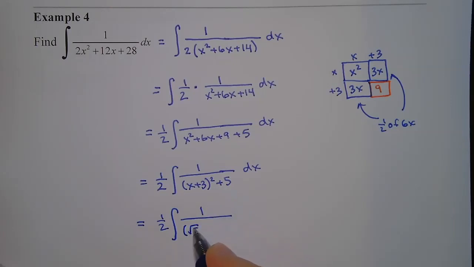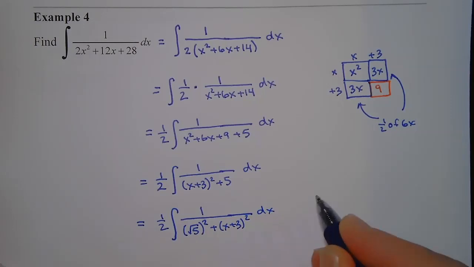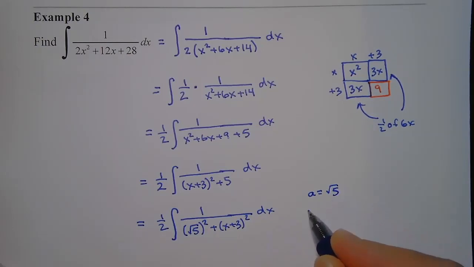So the square root of 5 squared, that would be 5, and then plus x plus 3 squared, and then dx. So I know from looking at this, I can tell my a is the square root of 5, and my u is x plus 3.